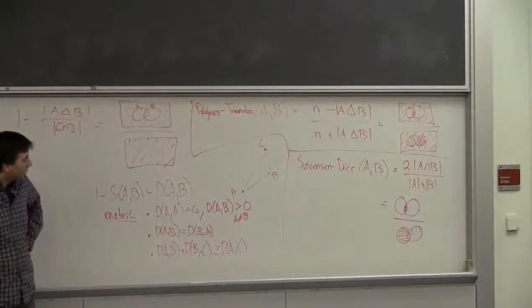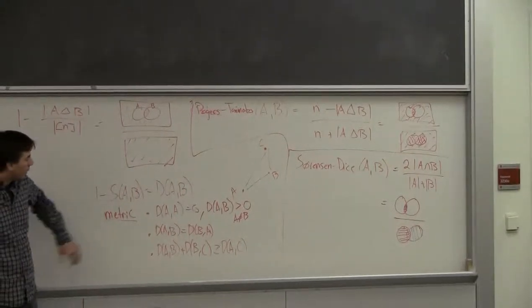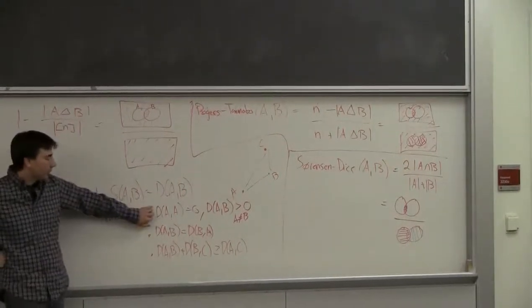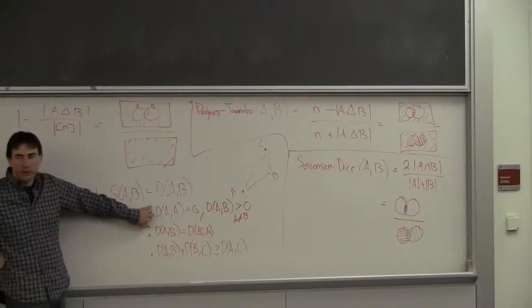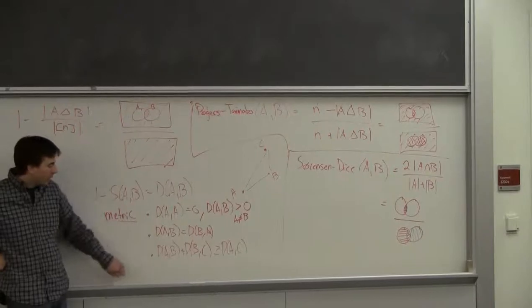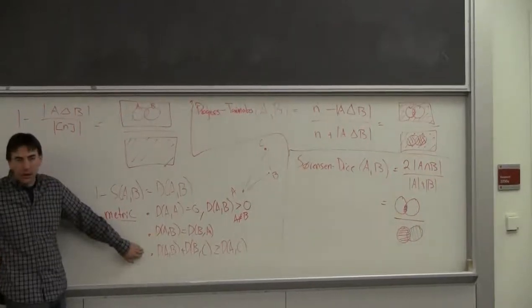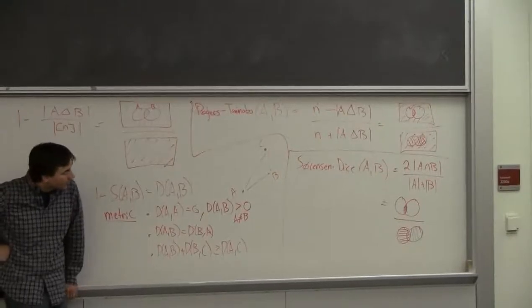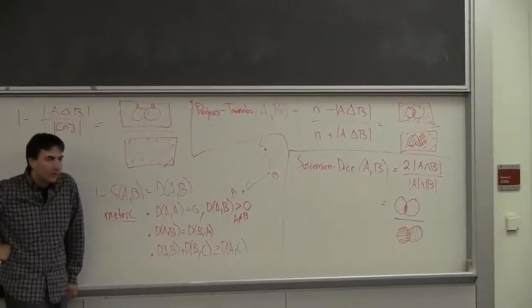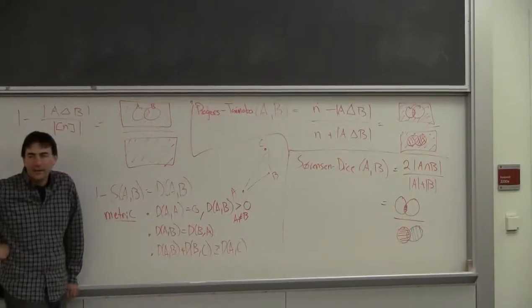So let's see. The first one, with the greater than 0, is going to hold. The symmetry property is going to hold. But the triangle inequality, I guess, is not going to hold. Can anyone tell me why?